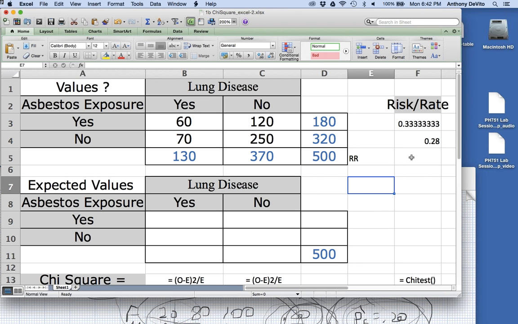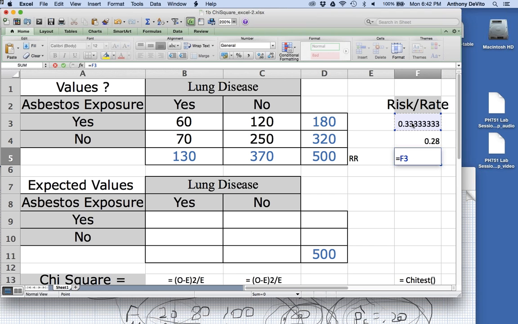When we're talking about a rate, we're almost always talking about a fraction, one thing divided by another thing, a numerator and a denominator. So my risk rate is going to be equal to the rate at which people that were exposed to asbestos have lung disease divided by the rate at which people who weren't exposed have lung disease.